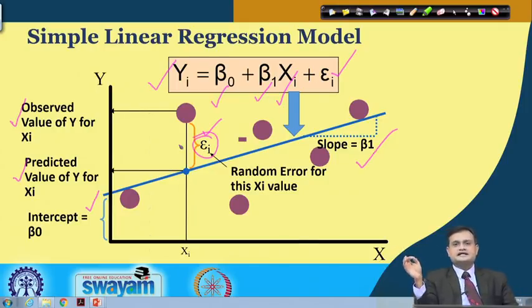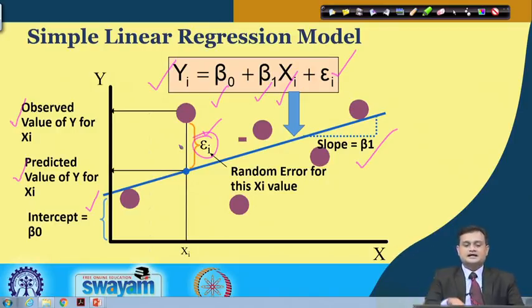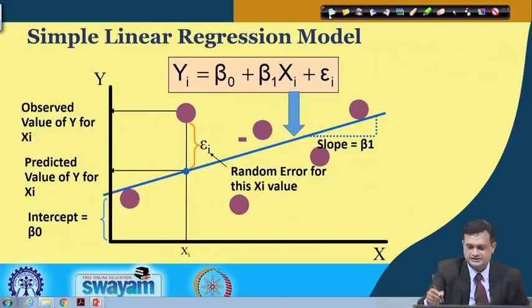Let us say you predicted a demand of 1000 jackets in the month of November, and when you check the actual demand, it is 1200. Or it is 800, both ways it is possible. So, when you take the difference, this will be the error in forecasting the number of jackets to be produced for a given season, and this is where epsilon i comes into the picture.